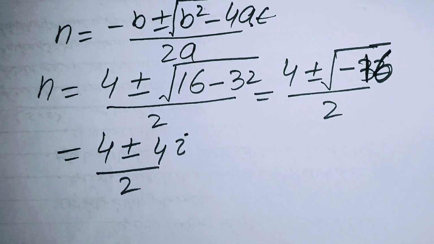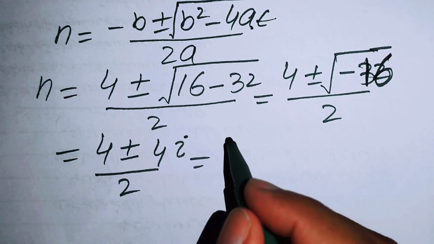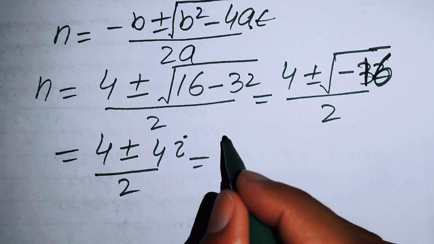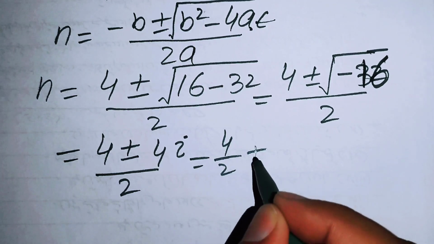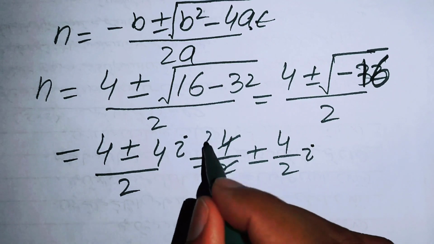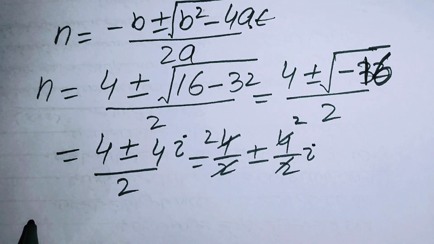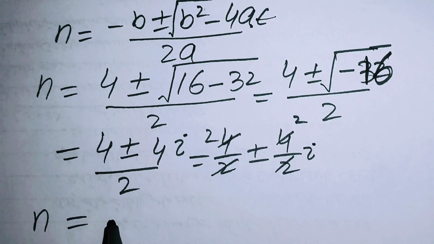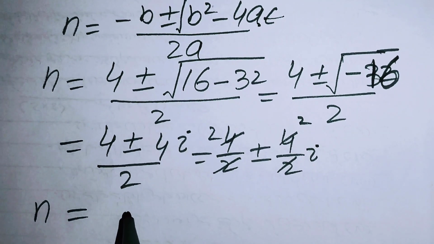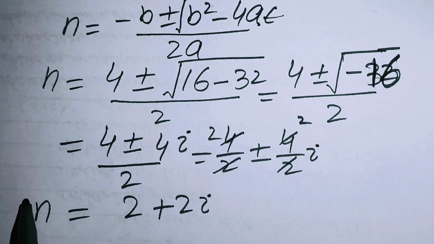And now you can separate the terms, and you get 4 over 2 plus minus 4 over 2 iota, so 2 2s are 4 and 2 2s are 4, and finally you get the value of n is equal to 2 plus minus 2 iota.